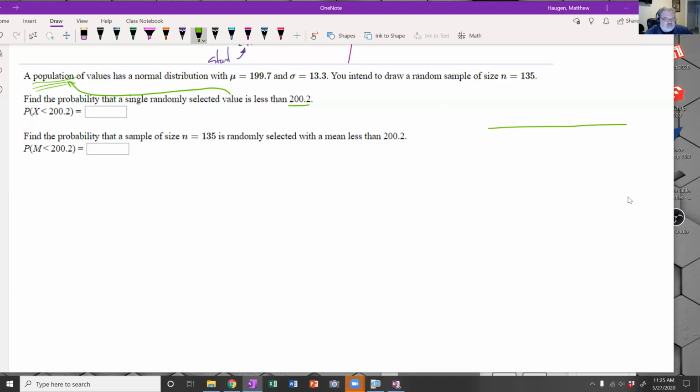Is that fair? So if they're asking for an individual value from the population, then our mean is 199.7 and our standard deviation is 13.3. So what is the probability that a value will be less than 200.2? Whatever that area is, right?